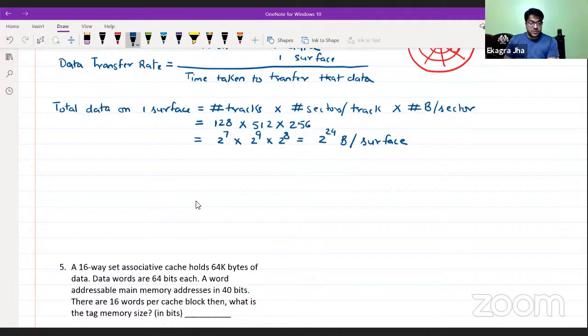For that, you need to find out the disk rotation speed, that is, how much time one revolution actually takes.